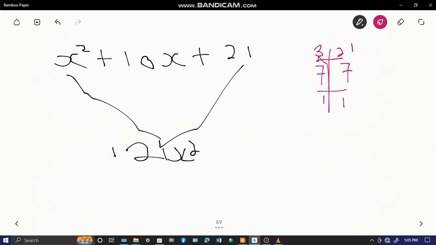So basically, if you look at 3 and 7, 3 times 7, if you go to your multiplication table, 3 times 7 is 21. That is what we are looking for. And then if you do 3 plus 7, that is 10. And that is exactly what we are looking for, because our middle term is also 10. So the terms that we'll be working with are 3 and 7. So you rewrite the equation, but you rewrite the middle term in terms of the two terms that we have found there.